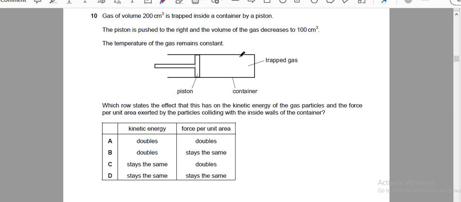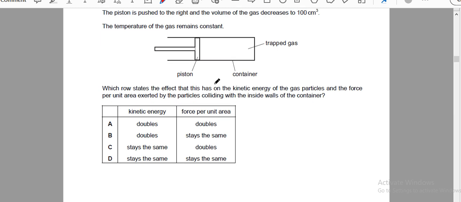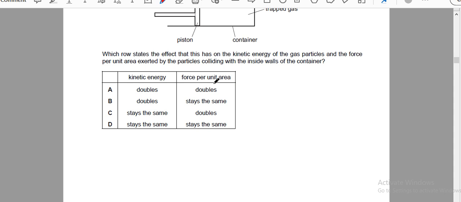A gas of some volume inside a container, the piston is pushed, the volume decreased, temperature constant. What is the effect on the kinetic energy of gas particles and pressure of the particles in the container?